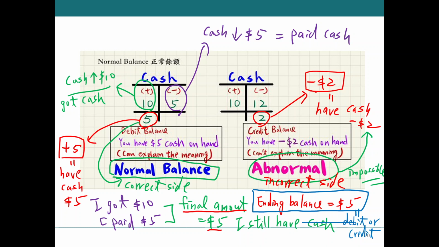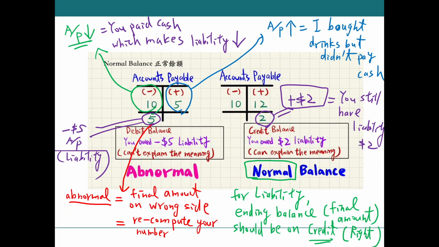Take a look again. This is the cash, and this is a liability. The final amount should be on which side to be normal, correct? Increase side.